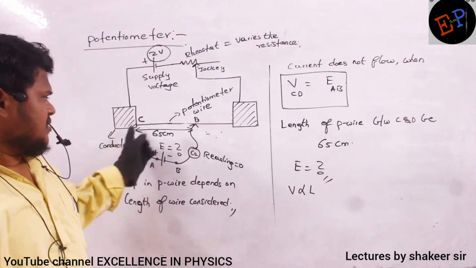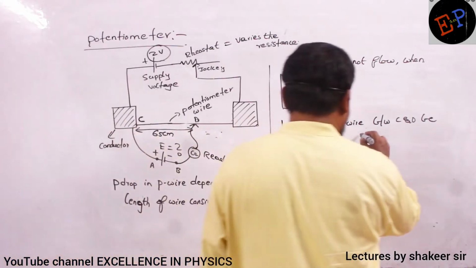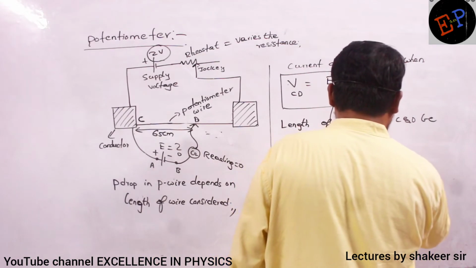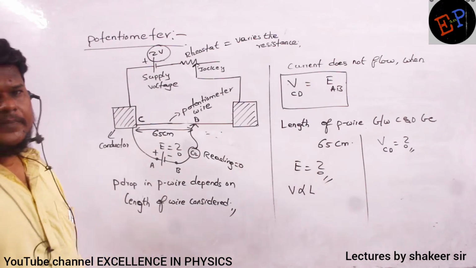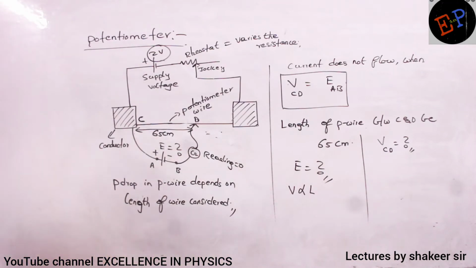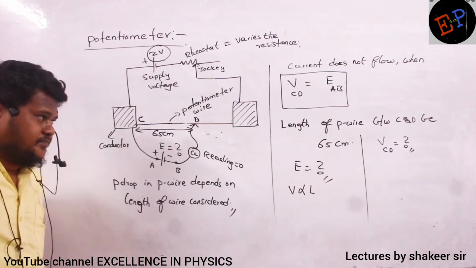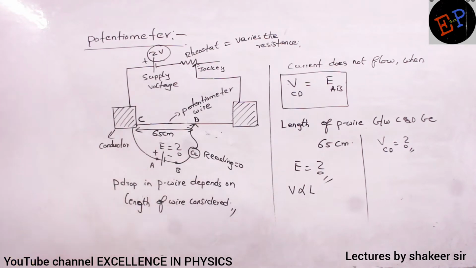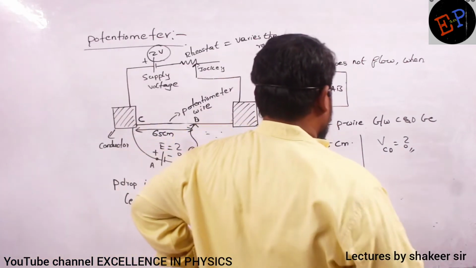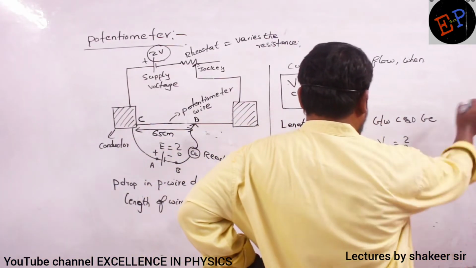Now can you say what is the potential drop between C and D? Anybody? Come on. So how can I calculate?